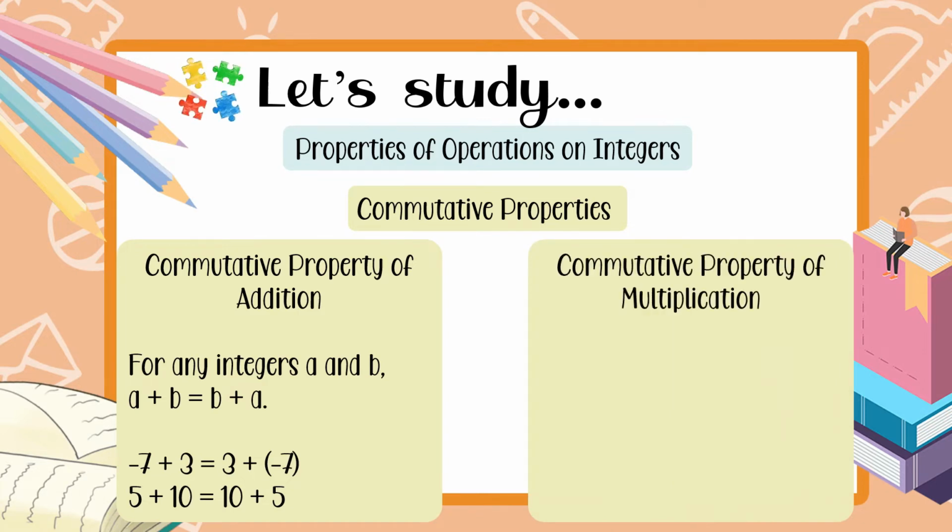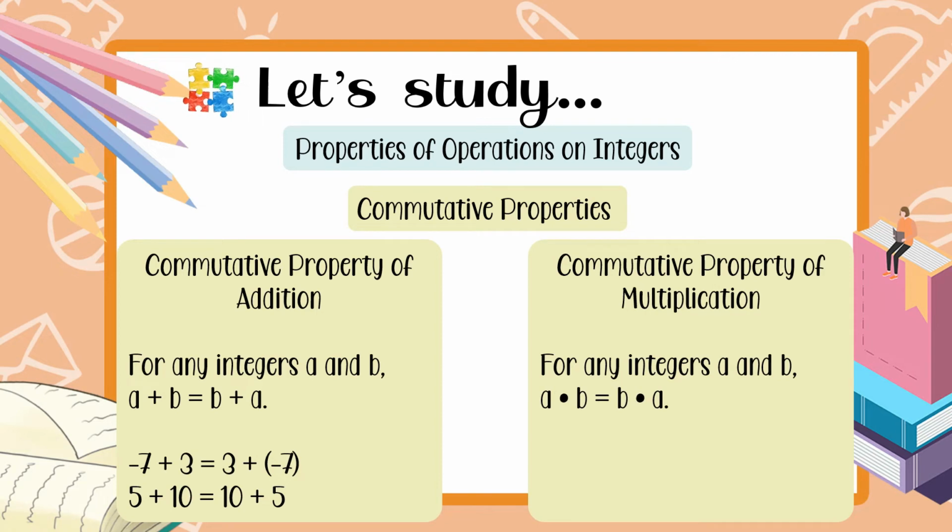The next one, we have commutative property of multiplication, which states that for any integers a and b, a times b is also equal to b times a. 4 times 5 is also equal to 5 times 4. And negative 8 times 19 is also equal to 19 times negative 8.